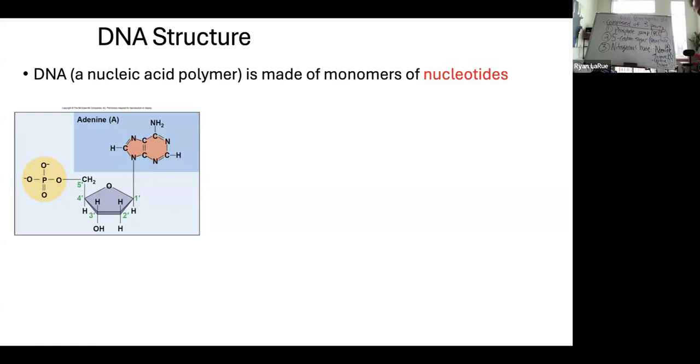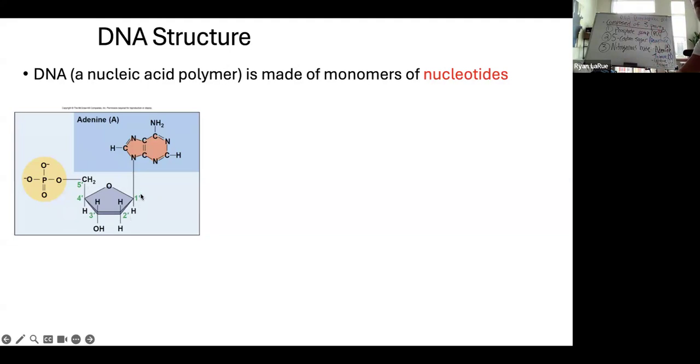All right, so moving on, you might have noticed that there are some numbers here. Now that'll play a really important role very soon as we look at the structure of the DNA molecule as a whole. But I just want you to keep in mind for now that these numbers are referring to carbon atoms that are part of this sugar, specifically the 5 carbons. 1, 2, 3, 4, 5.